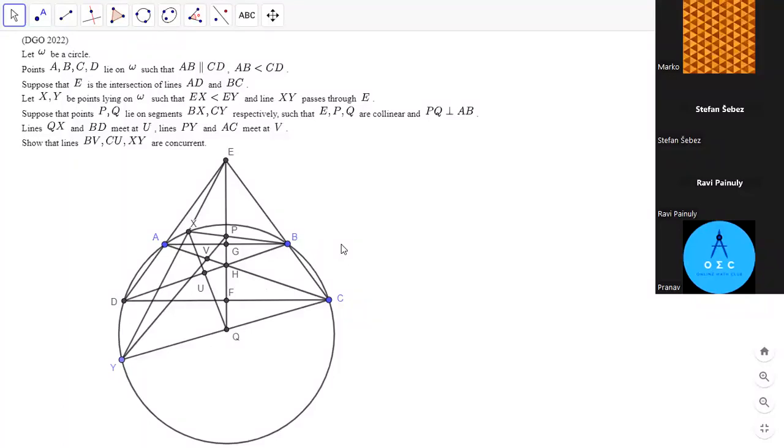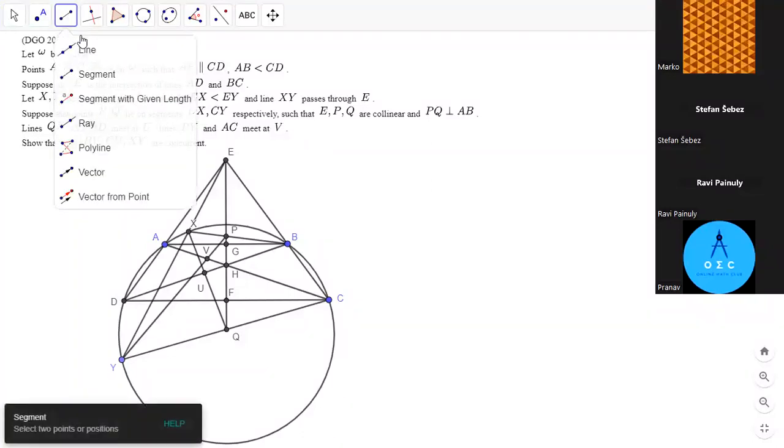Y is arbitrary, so EY intersects the circle at X. Then we draw this line and see where BX and CY meet it at P and Q, and then we complete the figure to make U and V. We want to show BV and CU meet on this line XY.